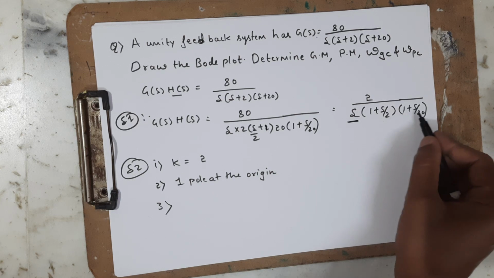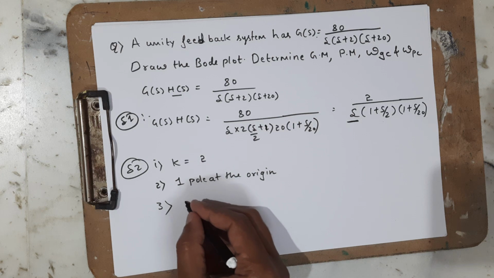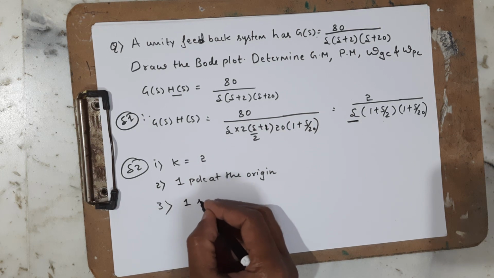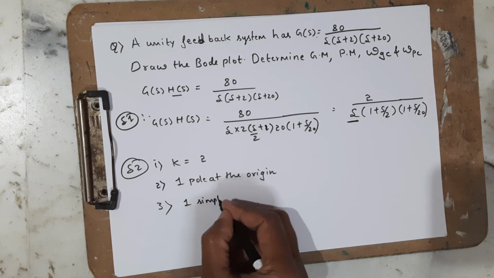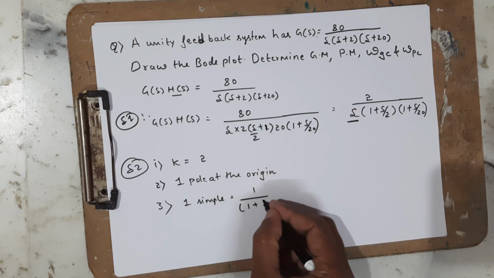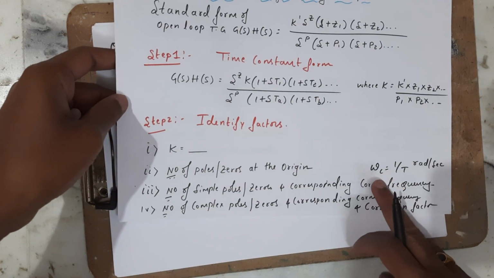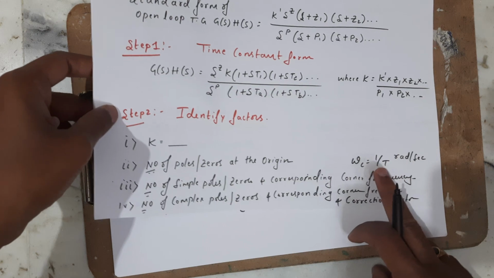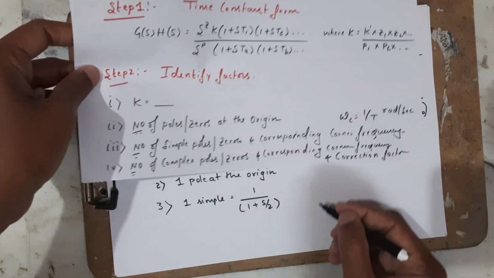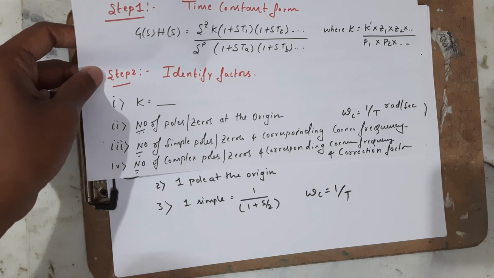I am going to take this one simple pole, which is 1 by (1 plus s by 2). So this is a simple pole. We need to find out the corner frequency for this simple pole. What is the corner frequency? Omega c is equal to 1 by T.